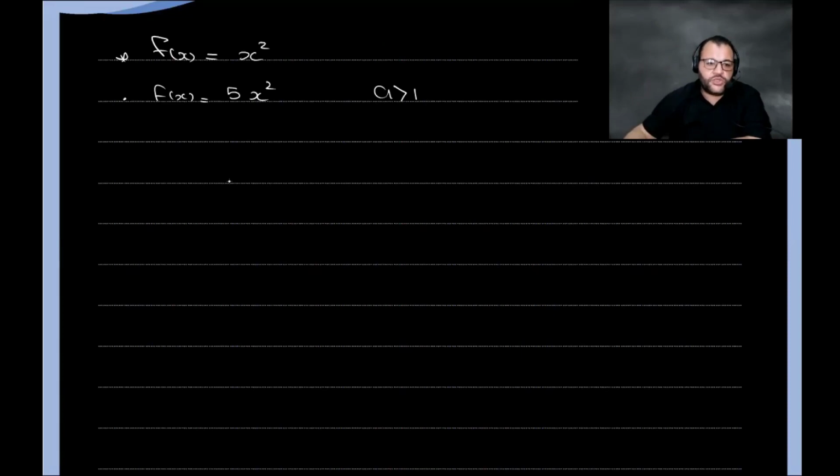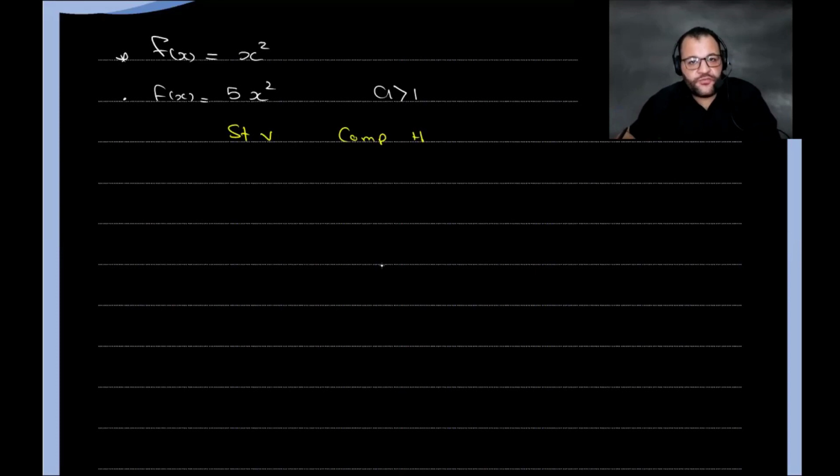Increase. So it will be stretched vertical and compressed horizontal. Okay, so now you multiply inside the bracket or outside the bracket? Outside the bracket. You need the part for x or for y? For y. So I will say that now we have a dilation, which is a stretch vertical.